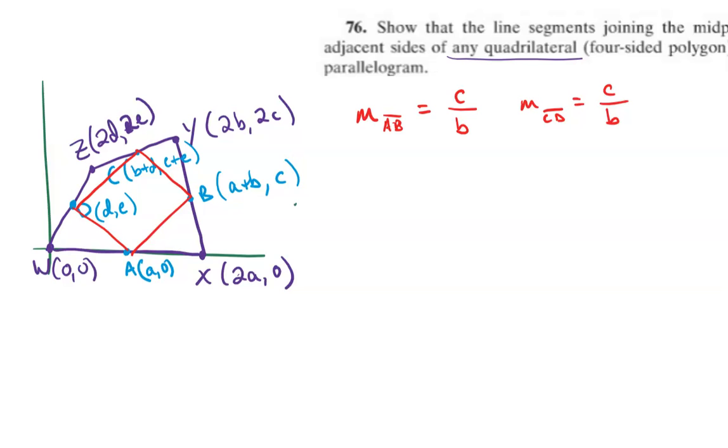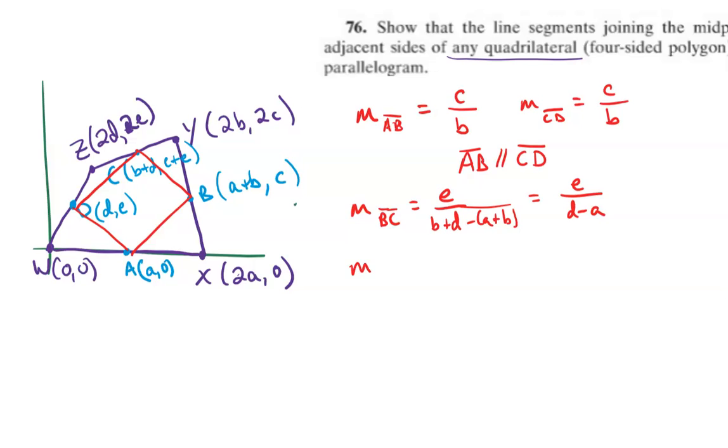And so this means that the slopes are equal. Then, with b minus a plus b, the b's cancel out and we get b minus a, right?